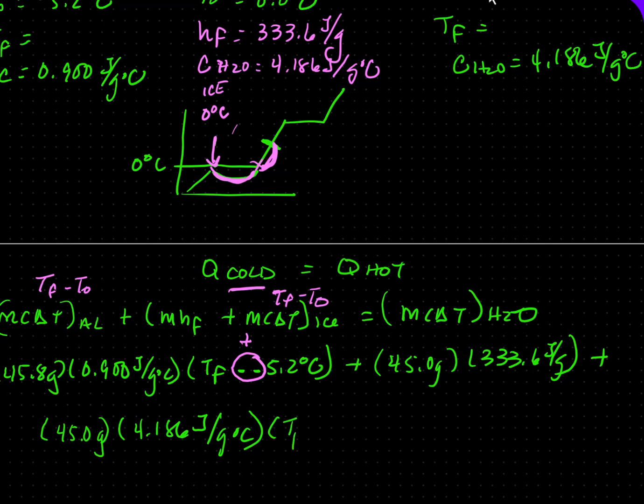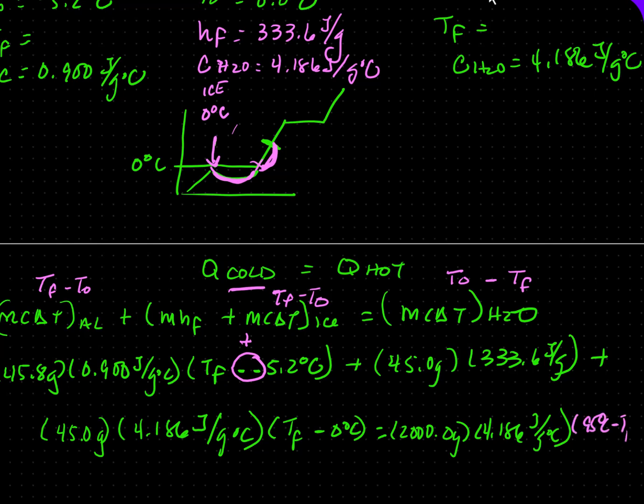T final is what we're looking for, minus T initial, which is 0 degrees Celsius. This is equal to the hot side. The mass is 2,000 grams. Since it's liquid, it's going to be 4.186 joules per gram degrees Celsius. Since this is the hot side, my T final minus T initial must be flipped to T initial minus T final to account for the sign. So this is going to be 95 degrees Celsius minus T final.